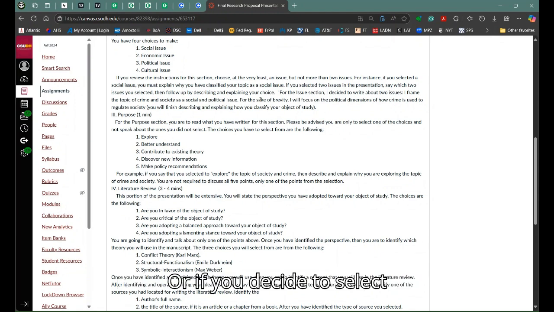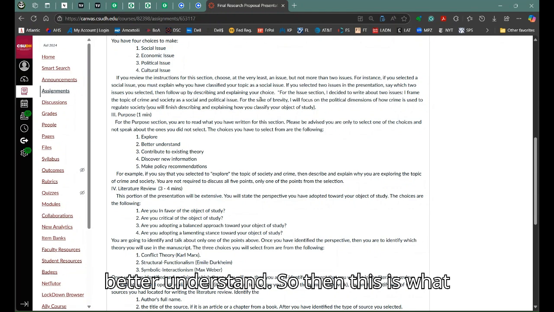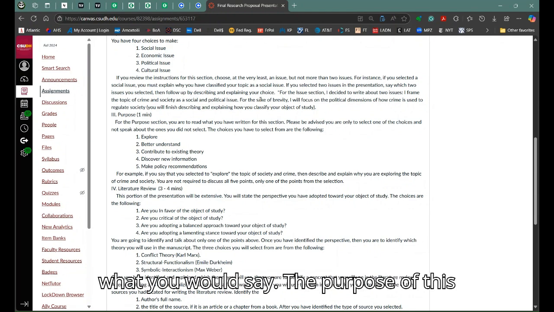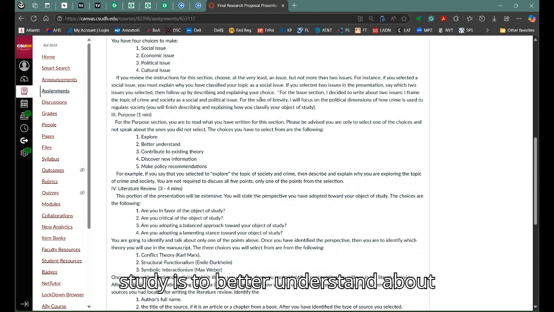Or if you decide to select better understand, this is what you would say: "The purpose of the study is to better understand how crime influences public policy."